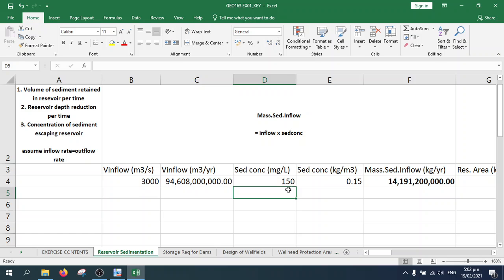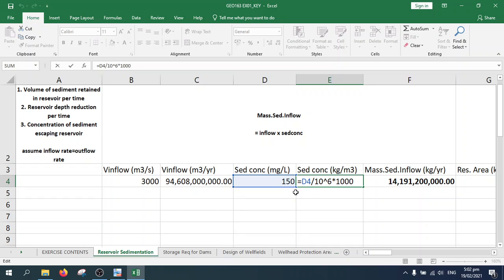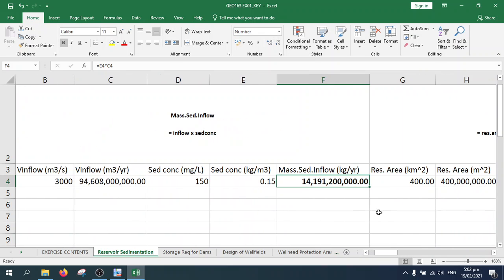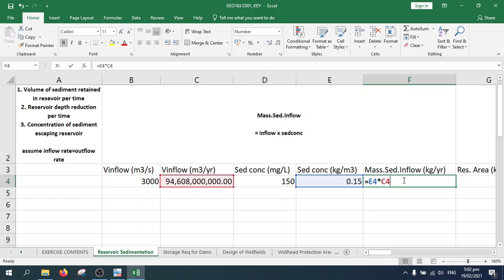Now, you're given the sediment concentration, and I just converted the milligrams per liter into kilograms per cubic meter. Since we have similar units, to get the mass of sediment that's inflowing into your reservoir, you just multiply the sediment concentration by the water volume inflow.